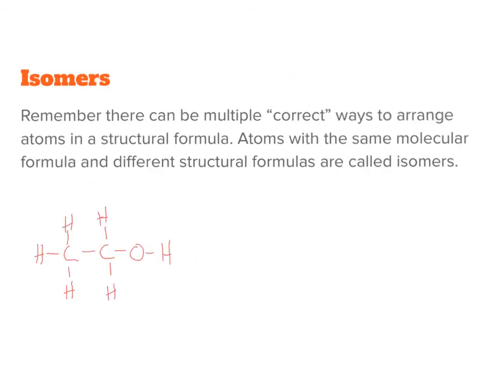Now remember, there can be multiple correct structural formulas for any given molecular formula. So this is the same one that was on the last slide, C2H6O. There could possibly be other ways we could have arranged that. For example, I could have put the oxygen in the middle of the two carbons and done it like this.